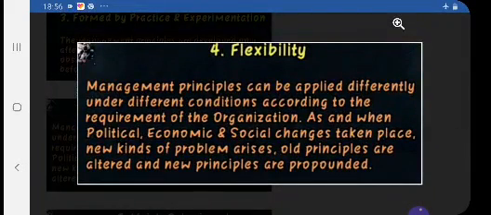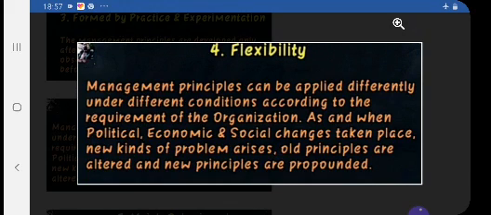Fourth principle, nature of principle of management is flexibility. Management principles can be applied differently under different conditions according to the requirement of the organizations. As we have already discussed, one of the natures of management is that it is dynamic. Similarly, the principles are also dynamic.